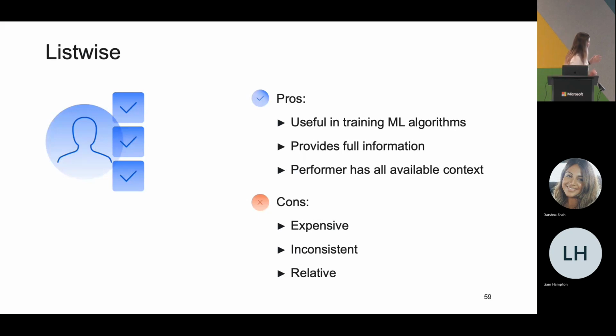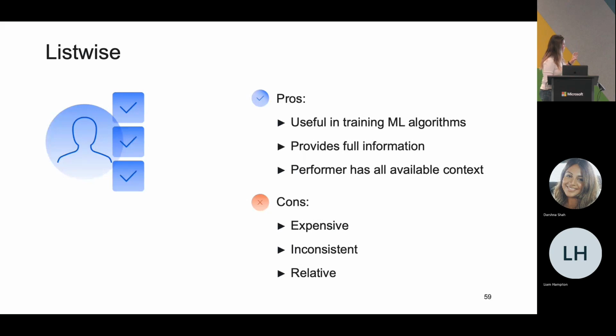The pro of this is actually higher resolution. It's very useful for training machine learning algorithms. And the performer has all available context. Again, he does not see one, but many, and can compare.